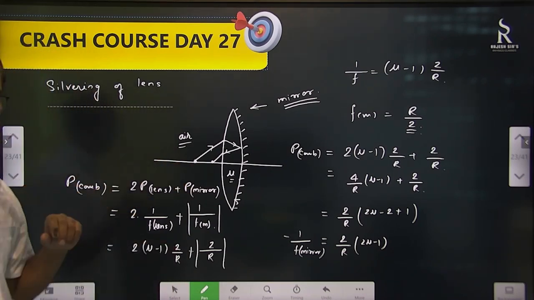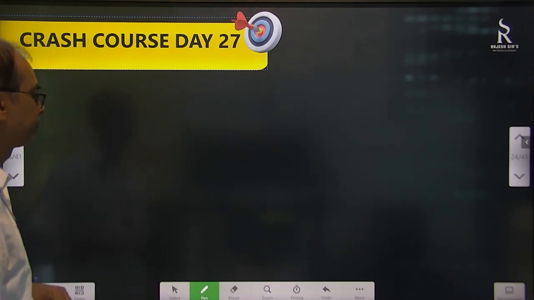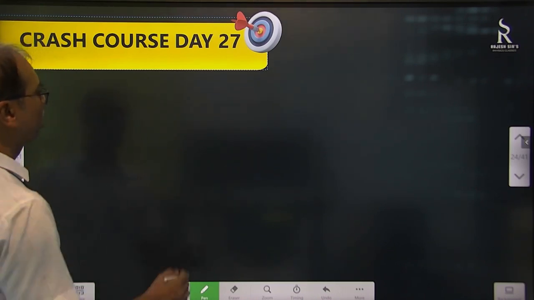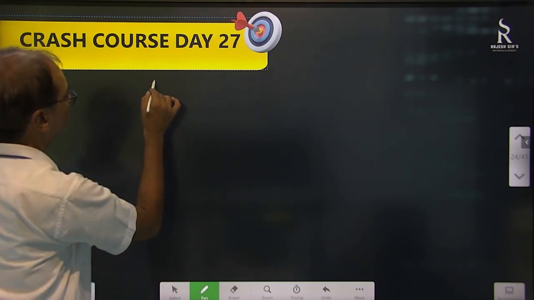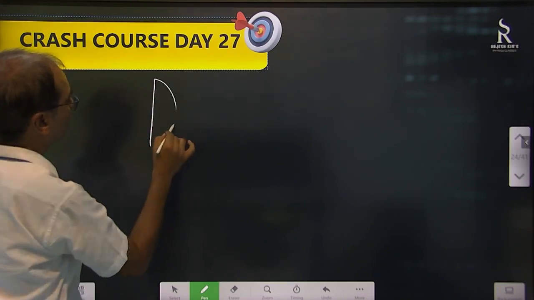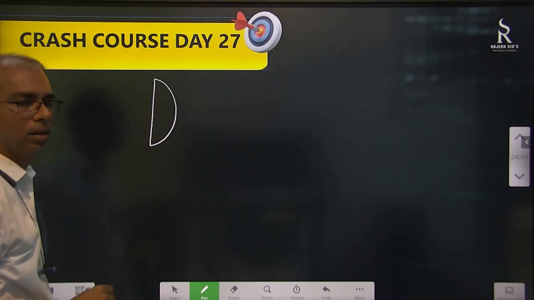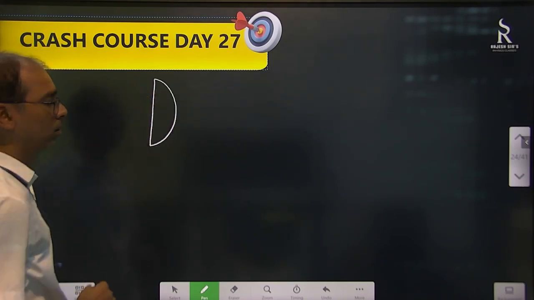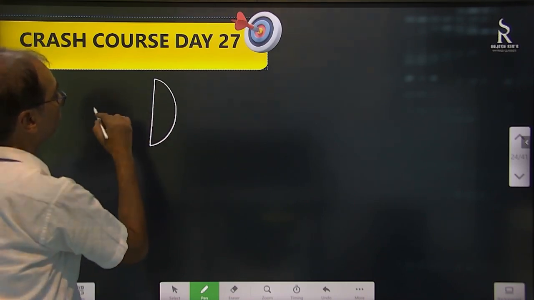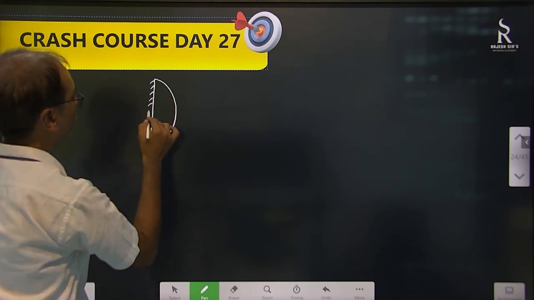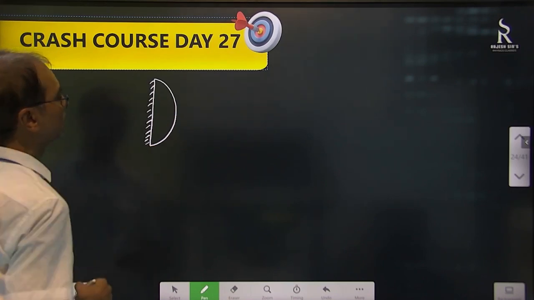We did it for equiconvex. Okay. Let's do it for, let's say, plano-convex. Plano-convex is rather easy because one surface is actually plane. So which one are we going to polish? This plane only will be polished.